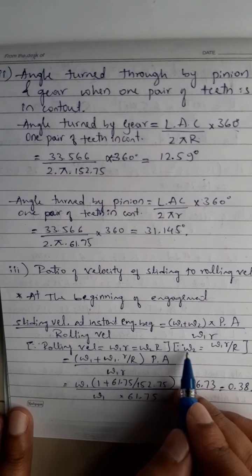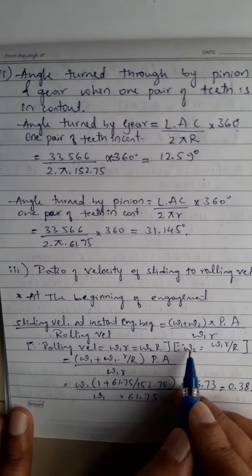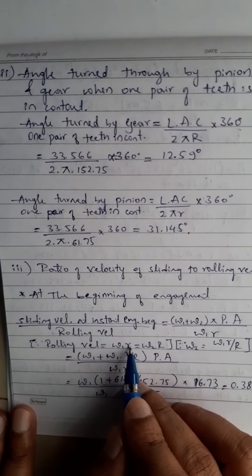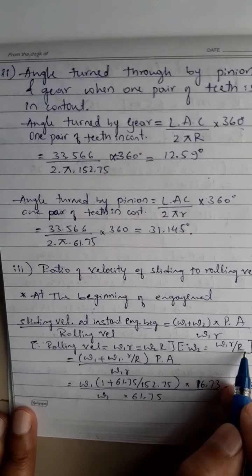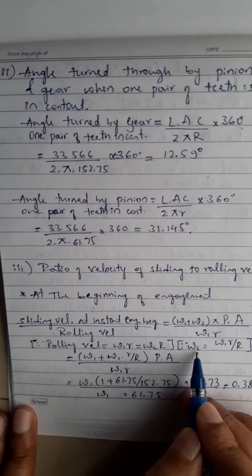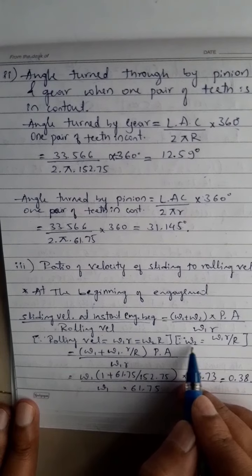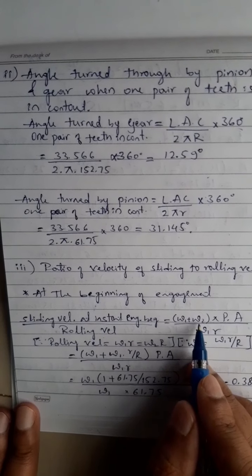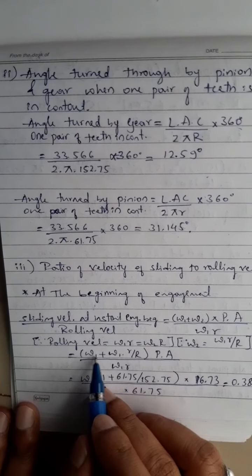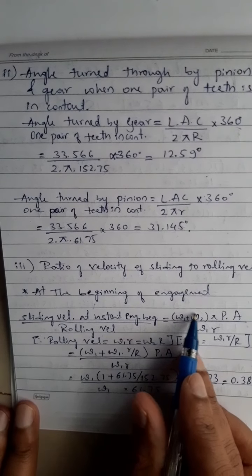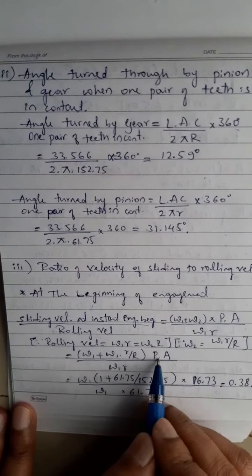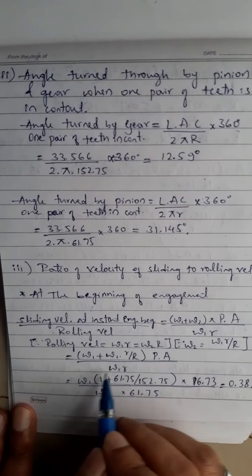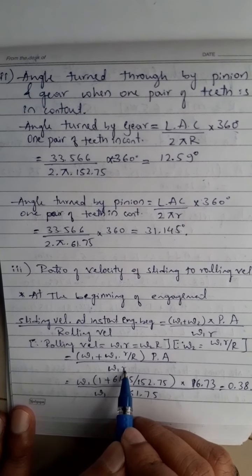Therefore we can write omega 2 is equal to omega 1 into r divided by R. Substituting this in the above equation, omega 1 plus omega 2 is replaced with omega 1 into r divided by R, into path of approach divided by omega 1 into r.